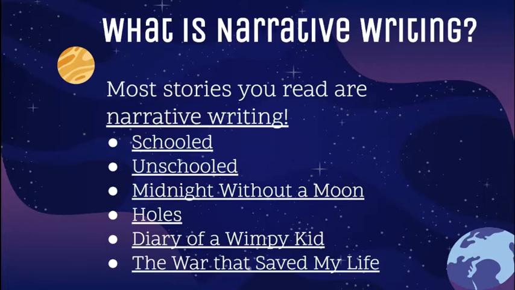It is telling their story of how they are competing. In the book Midnight Without a Moon, we are reading Rose's story about how she lived during the civil rights movement in Mississippi. In the book Holes, we didn't get very far, but we were learning about Stanley's story as he was going to this juvenile detention center in the middle of nowhere.